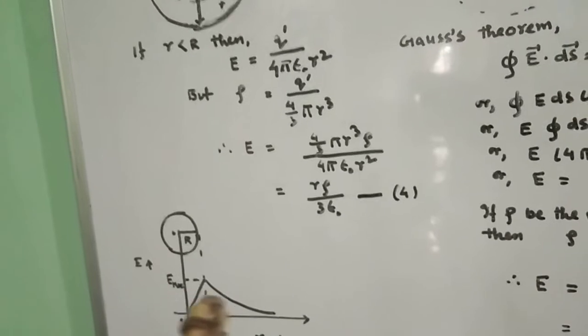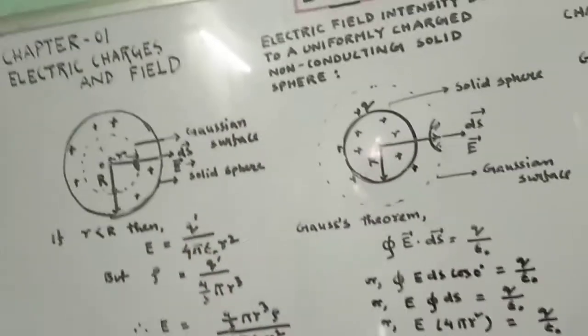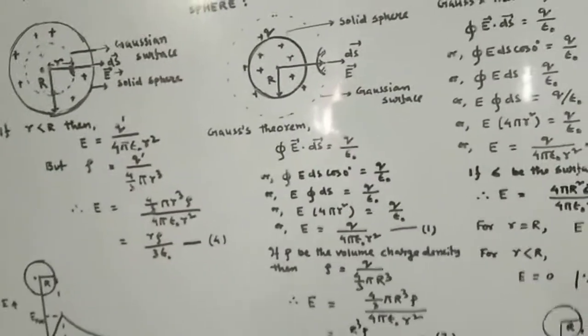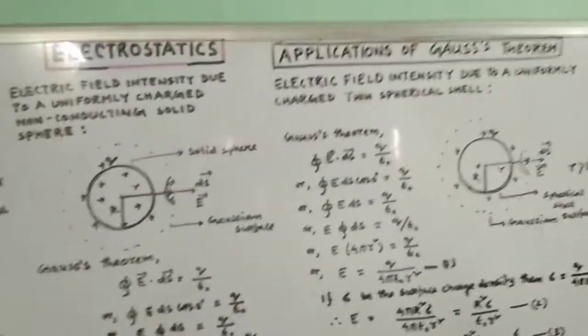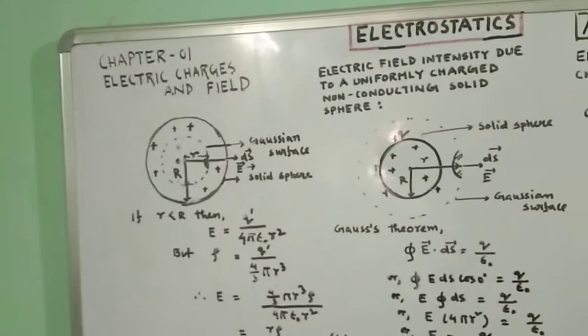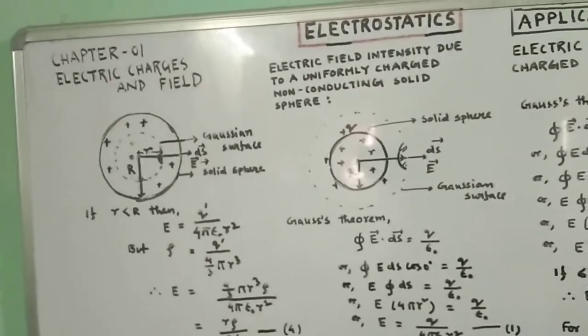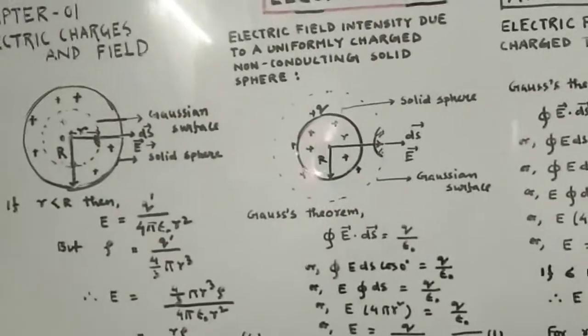So these are the applications regarding Gauss's theorem. All the applications are important, and definitely every year these applications come in your exam. So you have got 4 applications. One is your field due to line charge, another one is your field due to plane sheet, and third one is your field due to spherical shell.